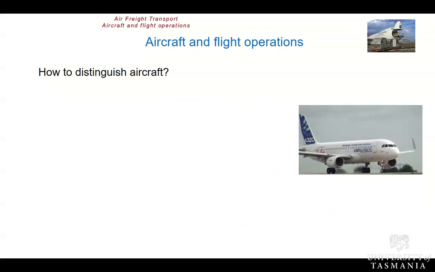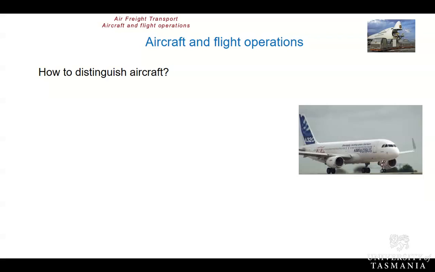So I guess a really good starting point, where today what we're trying to do is to build up some more information around your knowledge of aircraft, is to initially talk about how do you distinguish an aircraft. Now, one way you could do it is via a visual representation. So if you looked at the photograph on the screen there, you'll note that it's got some writing along the side.